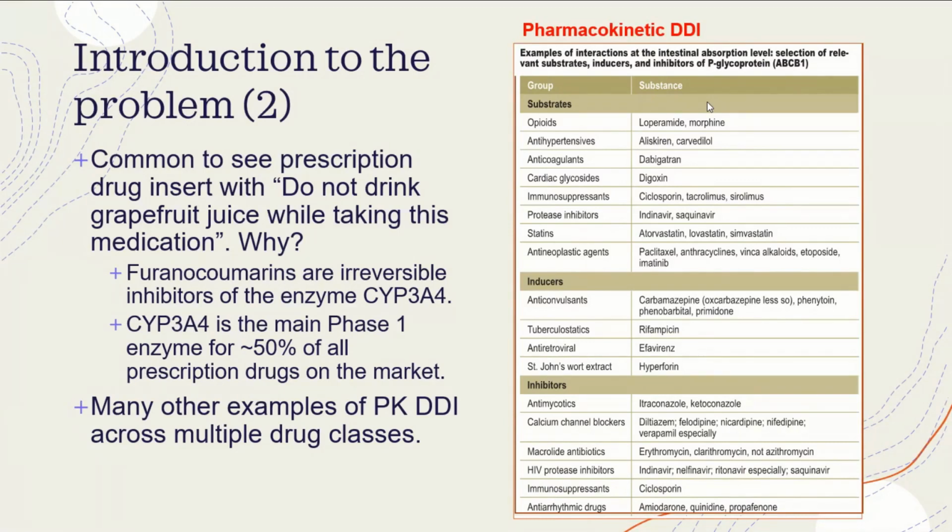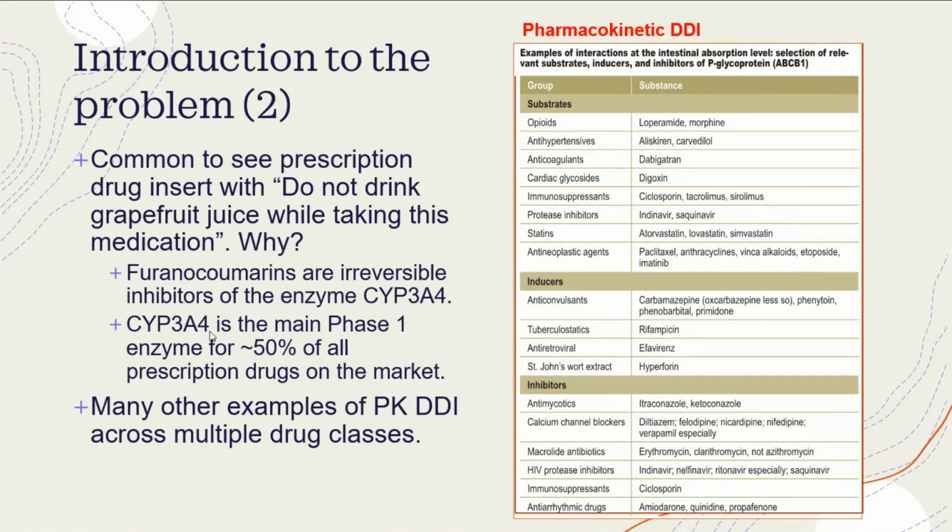And the reason why this is such a common warning label is because a group of chemicals within grapefruit juice, these coumarins, are inhibitors of a specific enzyme called cytochrome P450-3A4, or CYP3A4. And this enzyme is the main phase 1 enzyme for 50% of the prescription drugs that are on the market.